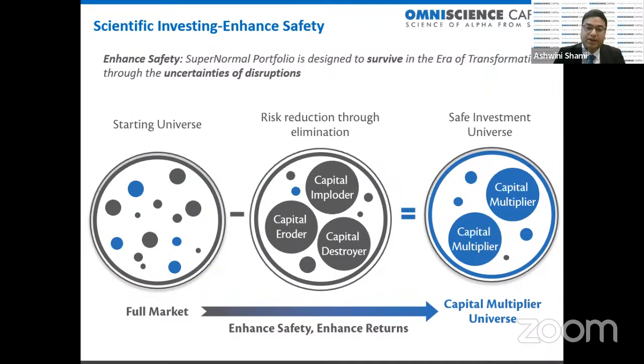The third risk factor comes from what we call capital imploders. These are fundamentally very good companies. They're so good that the market loves them, and they become overvalued. When you start paying too much, you run the risk of buying something beyond its real or intrinsic value. If something is worth 100 rupees and you have already paid 150 just because it was going up, there is always a risk that someday it will come back to 100 and you will lose money.